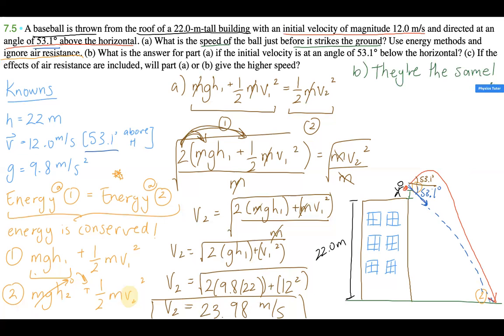They're the same. Okay, and then C, if the effects of air resistance are included, part B will give the higher speed.